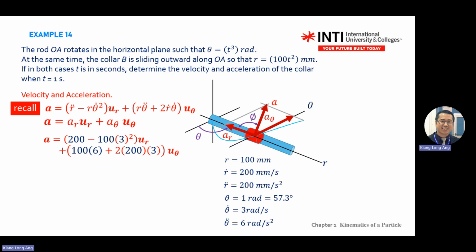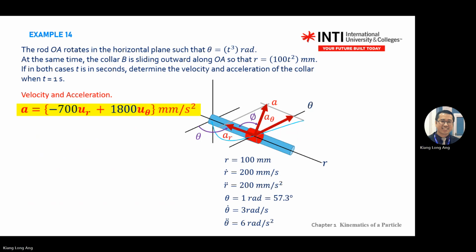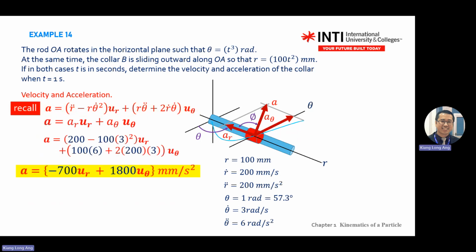So you substitute the value. This one you memorize, then you copy the value over here, substitute here, and you get the final answer, which is minus something and minus something.